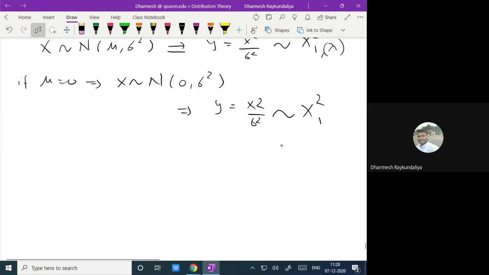So the non-central distribution reduces to the central distribution. Any questions, anyone? Yes, any questions?